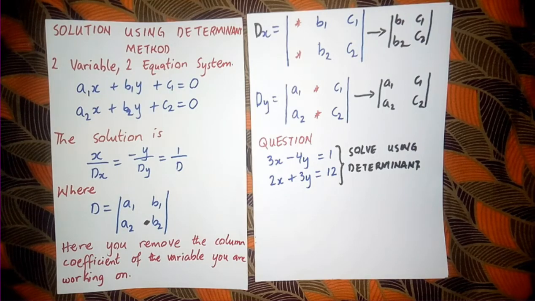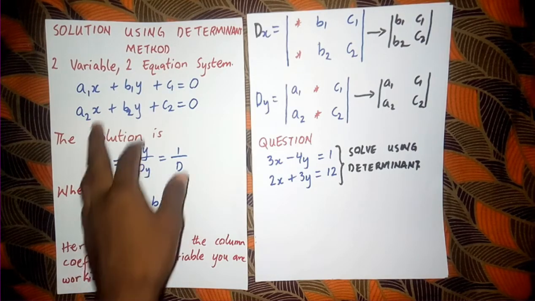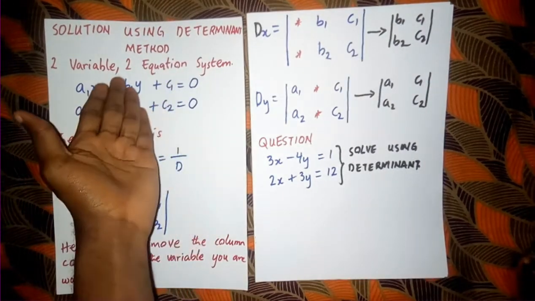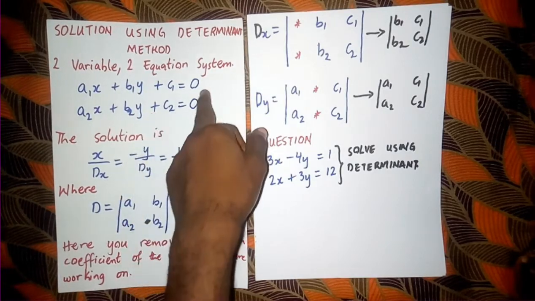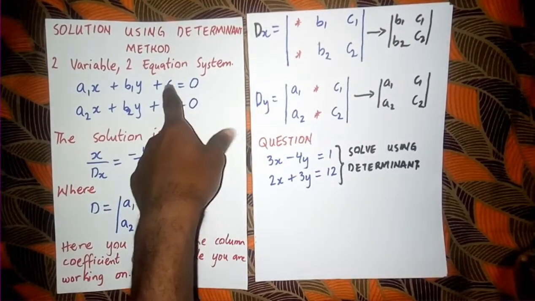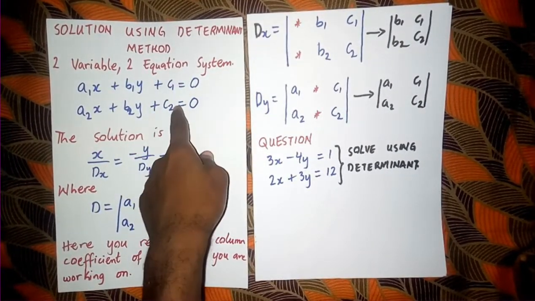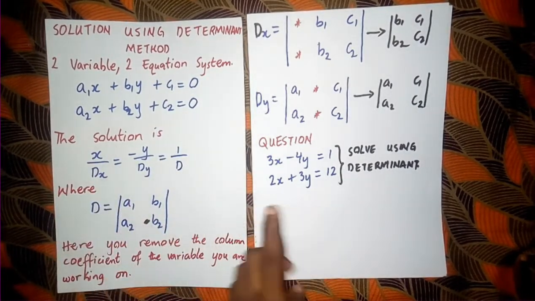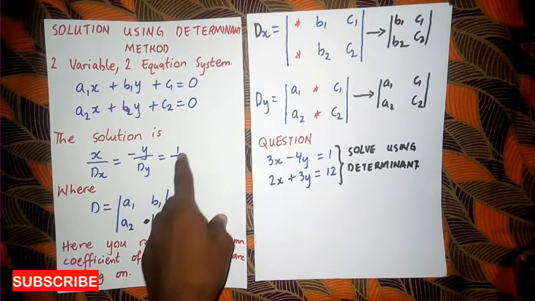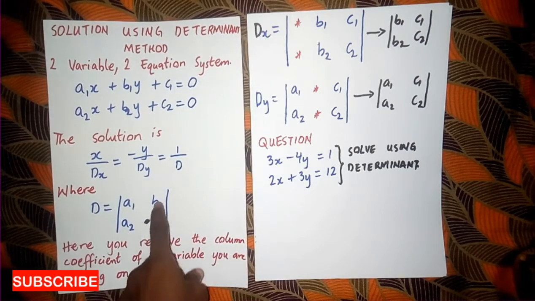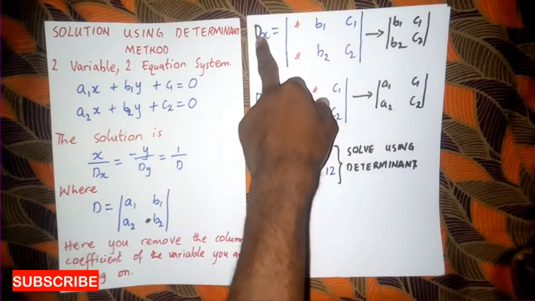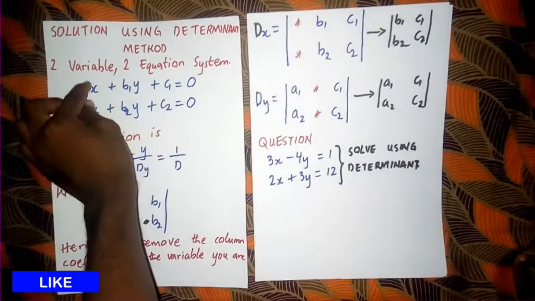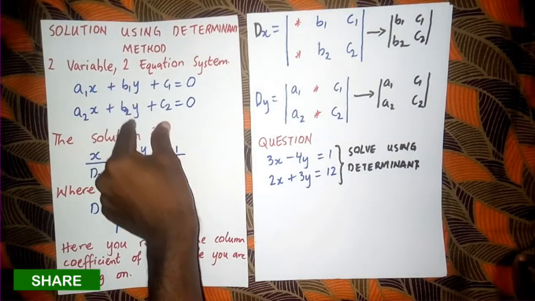In short, just study determinant method independent of Cramer's method, and then from there you can point out the difference even from the notes. Now with that being said, you will see that in our determinant method c1 c2 are at the left hand side, they are still positive. This can be a negative c1, negative c2, but a positive x. And then we have our D, which is a1 a2 b1 b2. We have our dx, x is gone, so we just take these two like that.